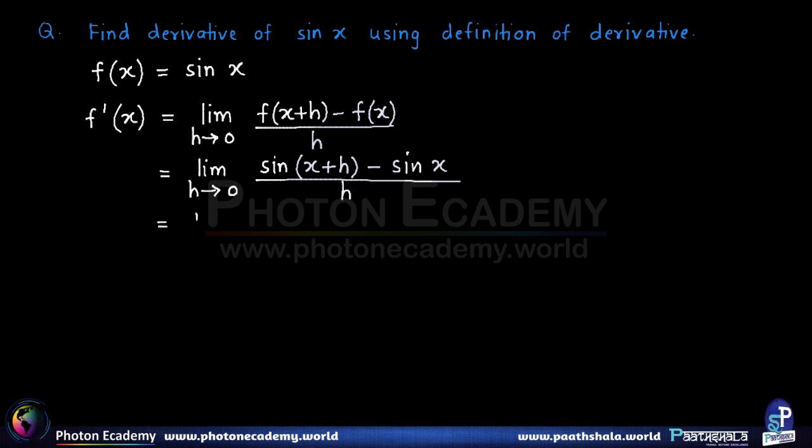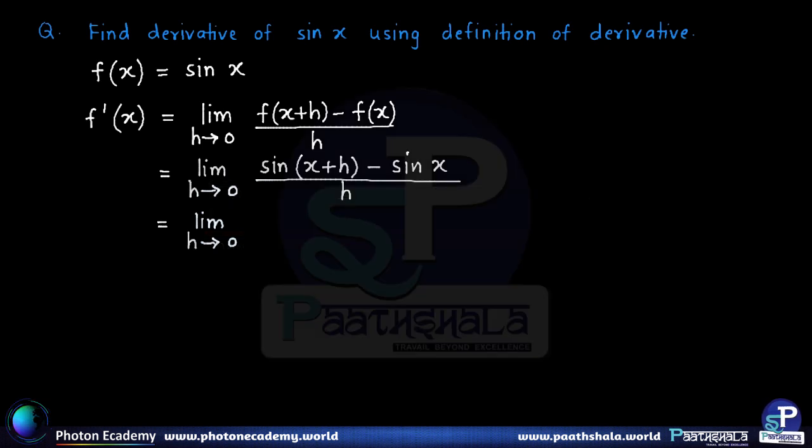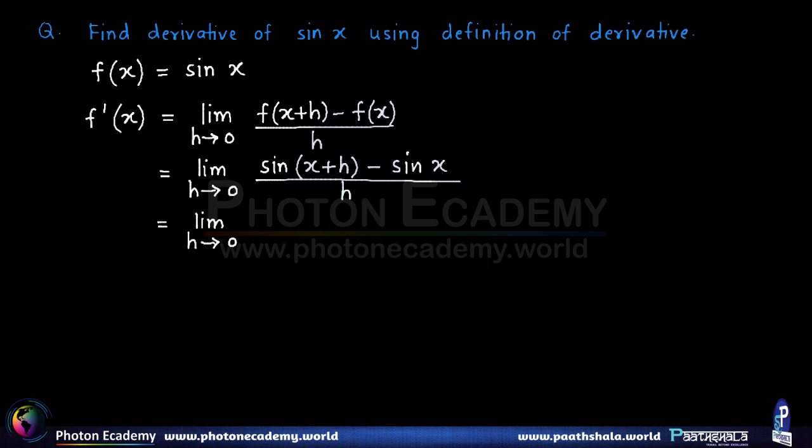So that further gives us limit as h tends to 0. Now if you see, sine of x plus h minus sine x, whole upon h, gives us 0 by 0 form, right? So either we can use L'Hopital's rule to evaluate that, or even without using that we can use a different method to evaluate this limit.